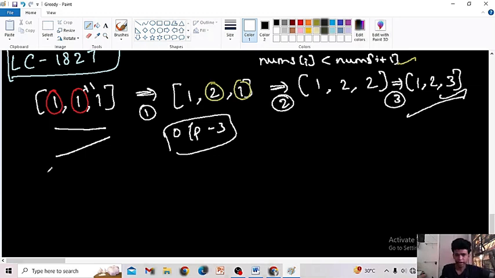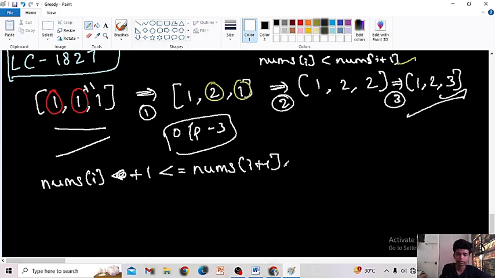by seeing this carefully, I can say nums of i plus 1 should be greater than nums of i. Because see here, if here is 1 and here also 1, I want to increment this one by 1, right?